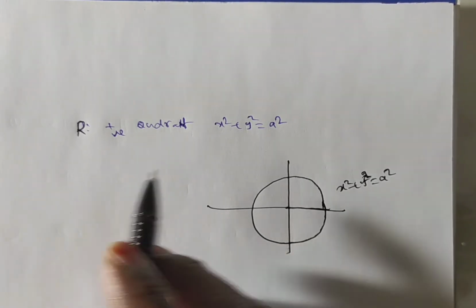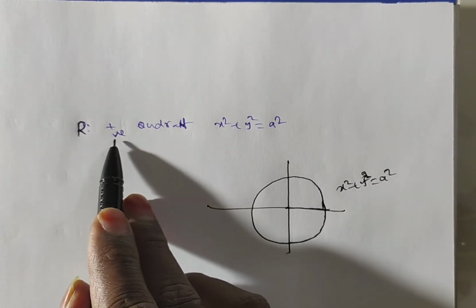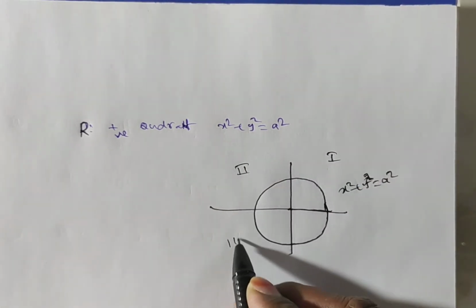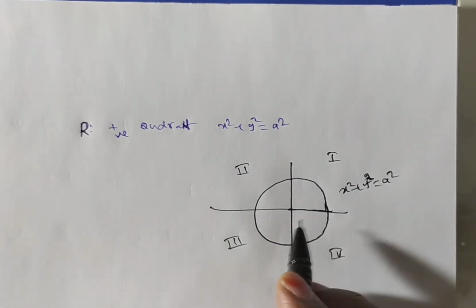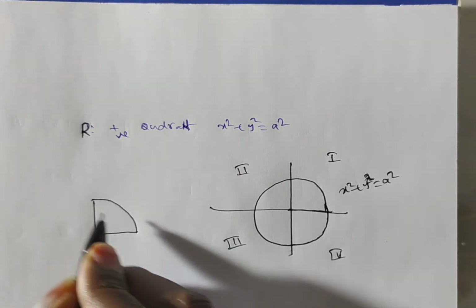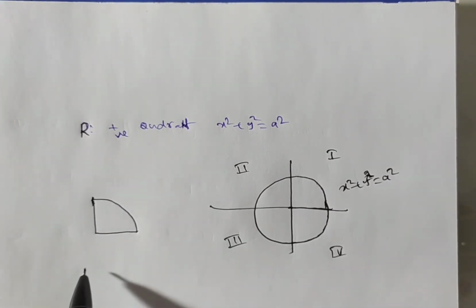So this is the circle, and R is the region bounded in the first quadrant. This is the first quadrant, this is the second, this is the third and this is the fourth. So in the first quadrant, only this part we have. Now we are finding the limits for x and y in Cartesian form.